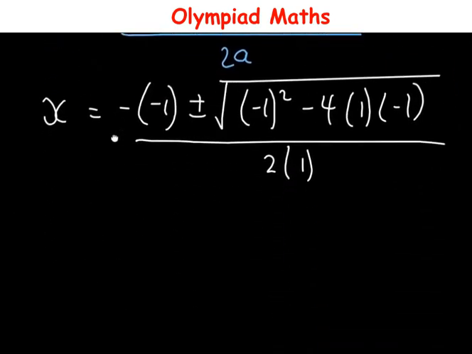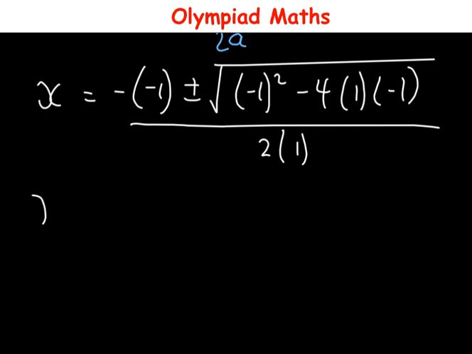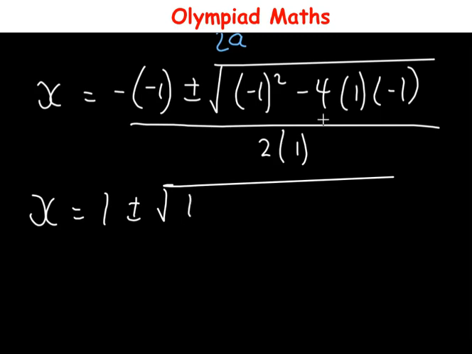So from here, x is equal to minus times minus 1 is plus 1, plus or minus square root of, -1 squared is 1, minus 4 times 1 times -1 is plus 4, all over 2 times 1 is 2.